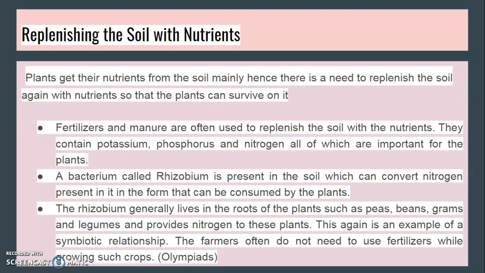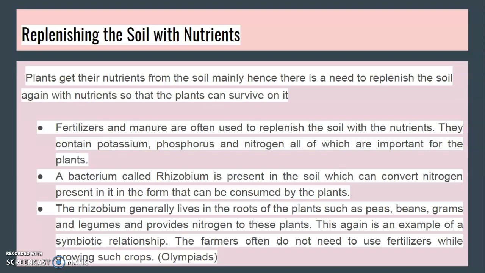A bacterium called rhizobium is present in the soil, which can convert nitrogen into a form that can be consumed by the plants. Rhizobium generally lives in the roots of plants such as peas, beans, grams and legumes, and provides nitrogen to these plants.